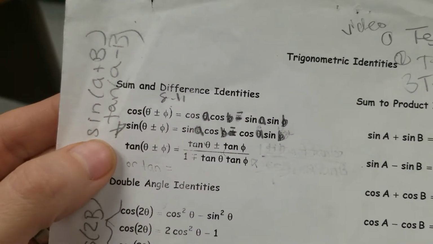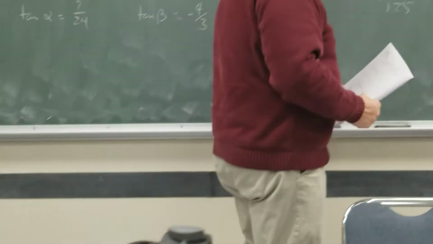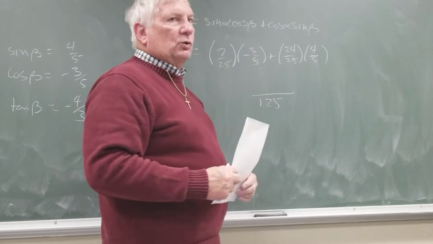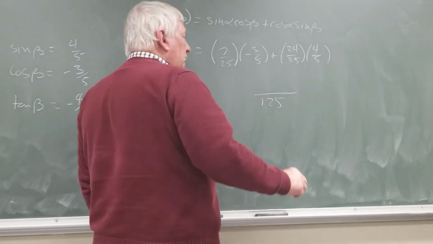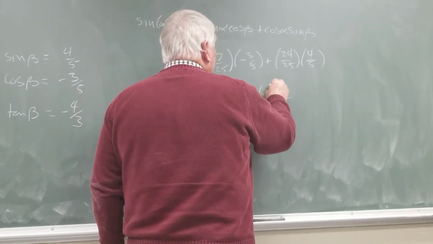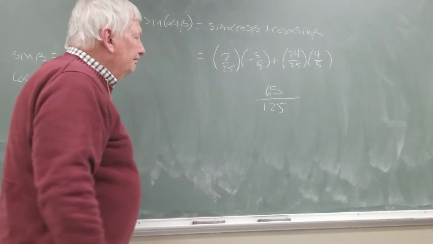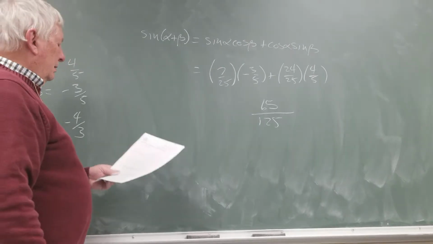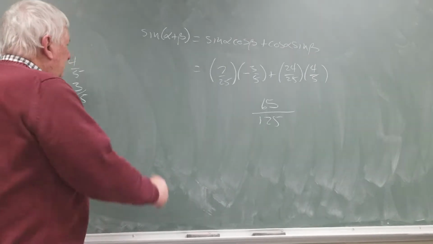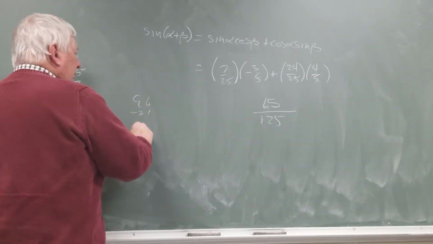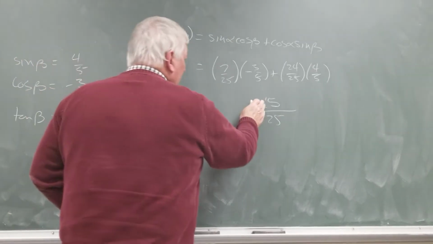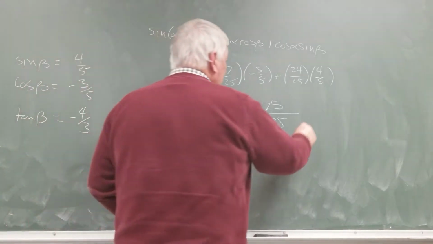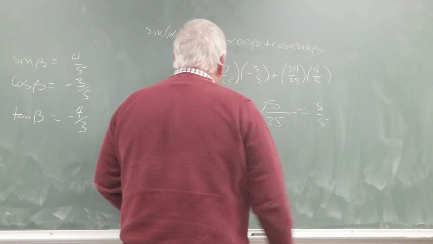Denominator is 125. Let's see, 4 times 24 is 96, minus 21 is 75. And that does reduce, interesting, to 3/5.